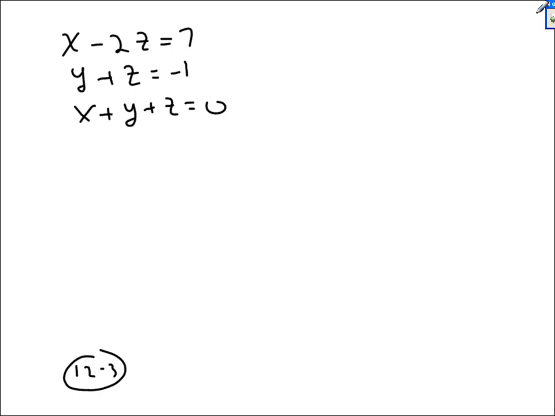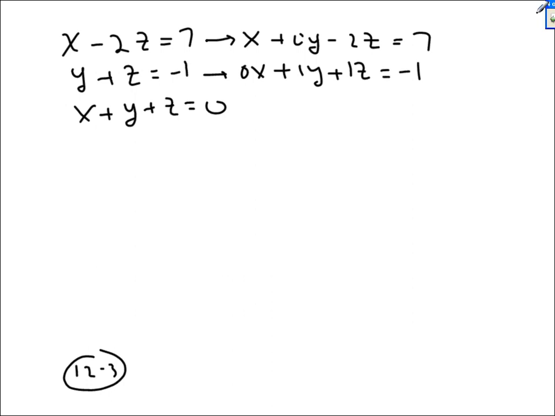Now, you have to understand that in equation 1, there is an understood plus 0y. You can add 0 anytime you want. And in equation 2, you can add 0 again, it's 0x. And in this third equation, there's no modifications to do.